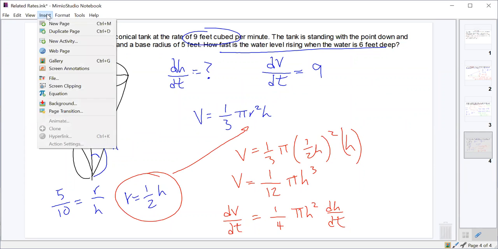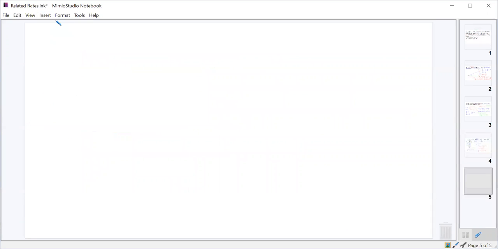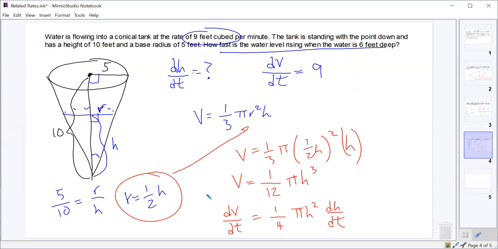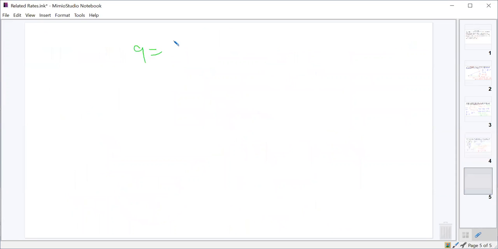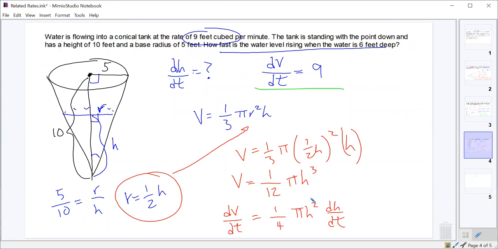And looks like we'll need another page here to plug this all in. dV/dt was what? 9. So we're going to have 9 equals 1/4 pi times our height squared.